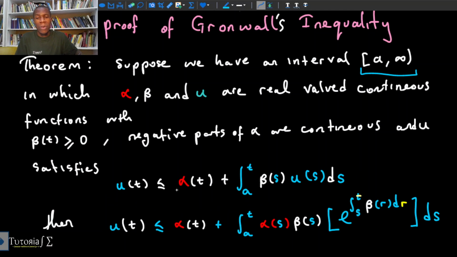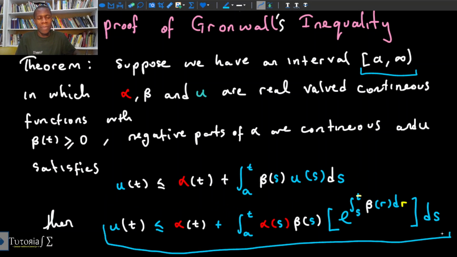If u satisfies this inequality, we can conclude that u is bounded. If you observe this part of the inequality, we do not have any u terms, meaning that when we solve this integral here and we simplify, we're just going to have a constant. So u will be bounded by that constant. Basically, that's what we do.